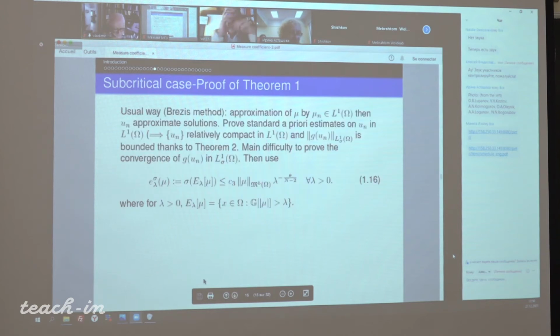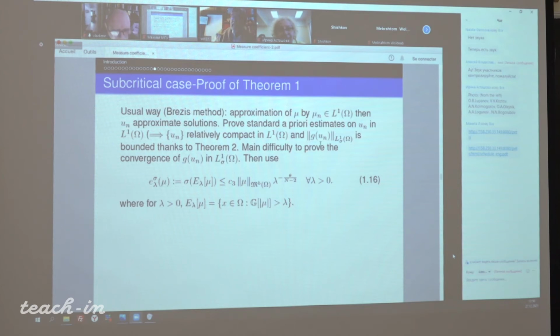Now we use Brezis's method. Brezis's method is, okay, we approximate mu by mu_n, smooth functions, and we have u_n is the approximate solution. We have all the a priori estimates of u_n, and in particular, what we get, we know that u_n is bounded, relatively compact in L1 of omega.